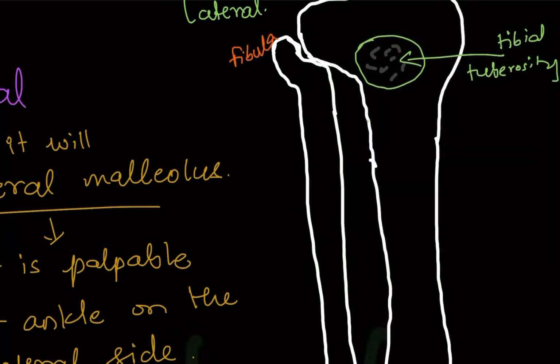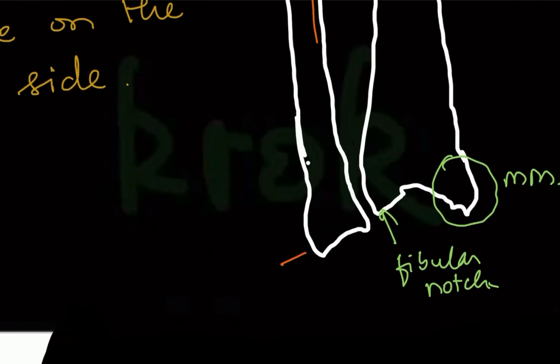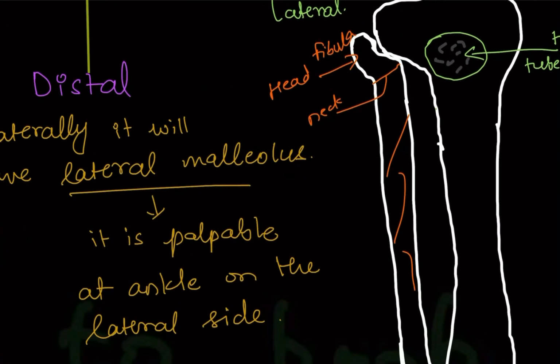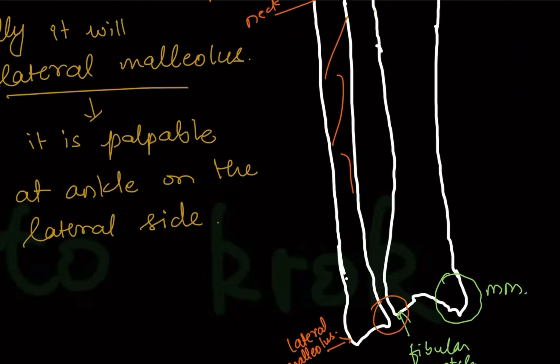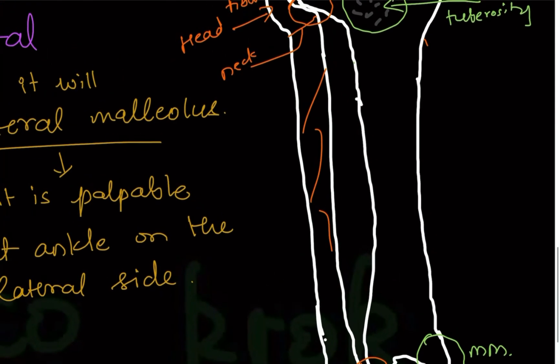The fibula, present on the lateral side, has the head, then this constriction, which is the neck, then the shaft, and distally on the lateral side the lateral malleolus, which is palpable at the ankle. Proximally, it forms the proximal tibiofibular joint. Distally, it forms the distal tibiofibular joint. And between the tibia and fibula, there is the interosseous membrane.